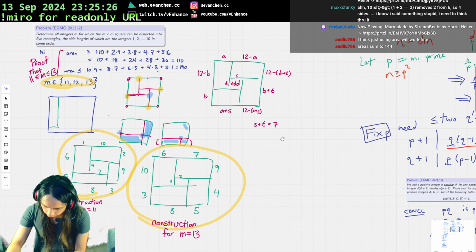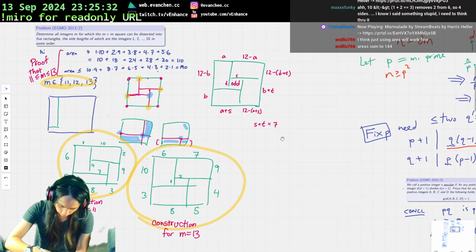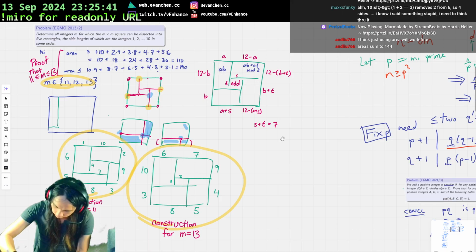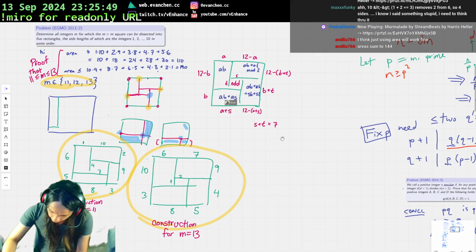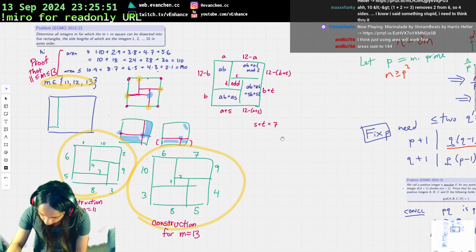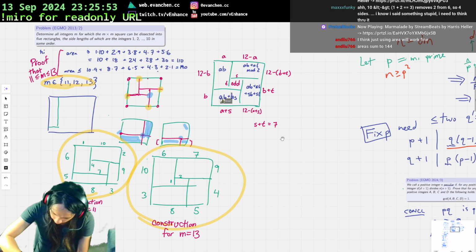And then when I take mod 2, this is like AB plus AT mod 2. This is like AB mod 2. This is AB plus AT plus SB plus ST. This is AB plus AS. So is it true everything appears an even number of times? Sorry, this is BS.